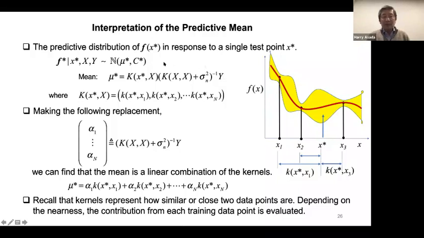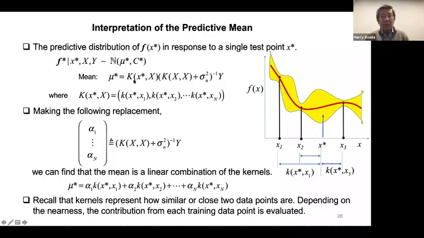But let's look at this particular part. These are not a function of X star at all. So after you train the Gaussian process, this particular part is already determined, known. So I just replace this part by a vector, because the dimension is a capital N dimensional vector. I replace this one with alpha 1 to alpha n.